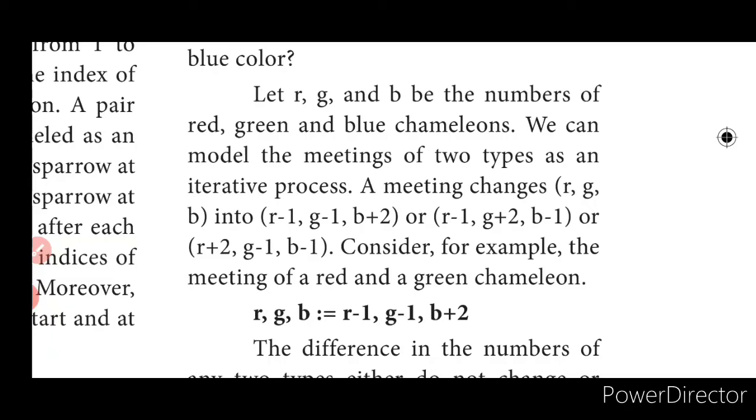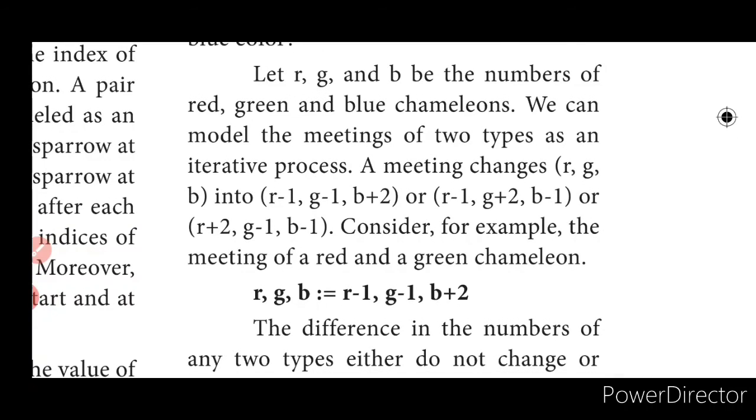Yes, because when two different colors meet, they will change to the third color. This is how it is going to change. If red and blue meet, they will change to green. And if green and blue meet, they will change to red.